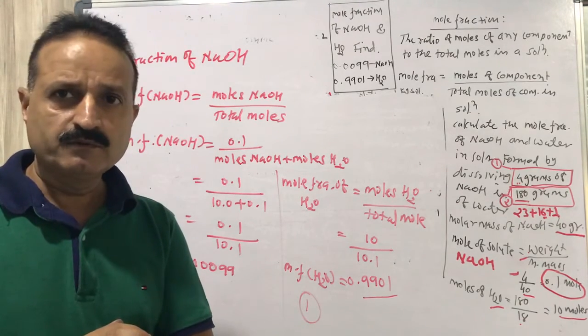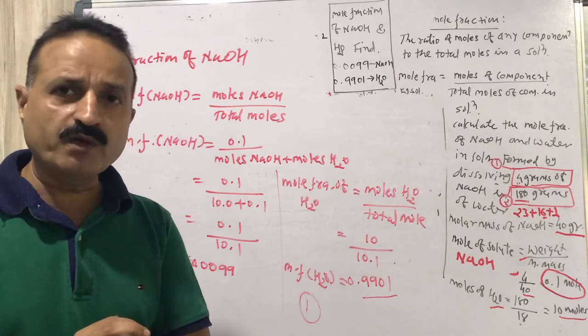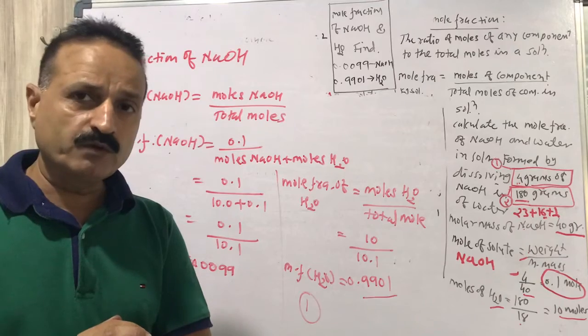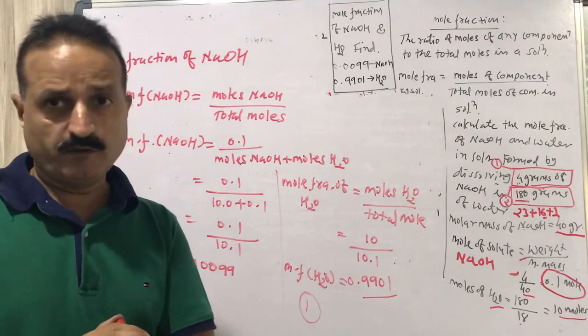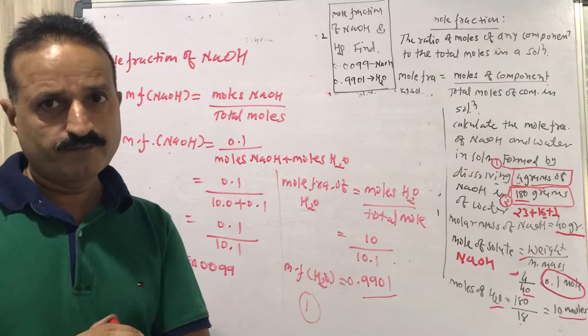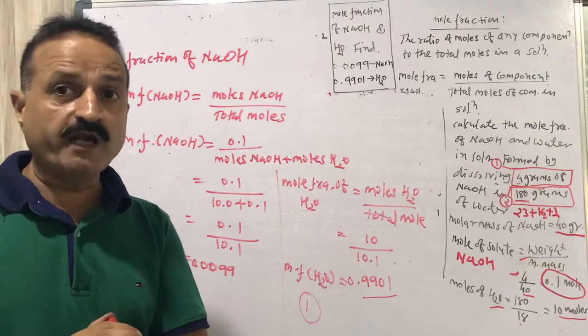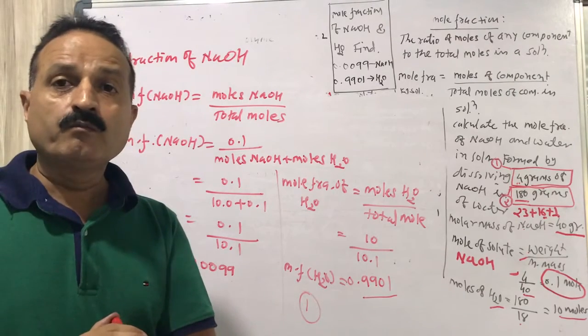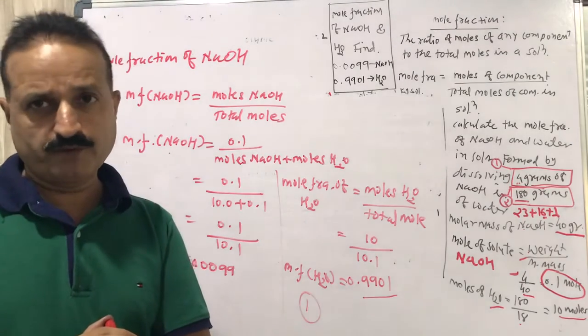Then if you are given two components, you have to find out the other component's mole. If you are given three components, then we have to find out all three components' mole. And total moles means the addition of all three components, to find out the particular mole fraction of component.